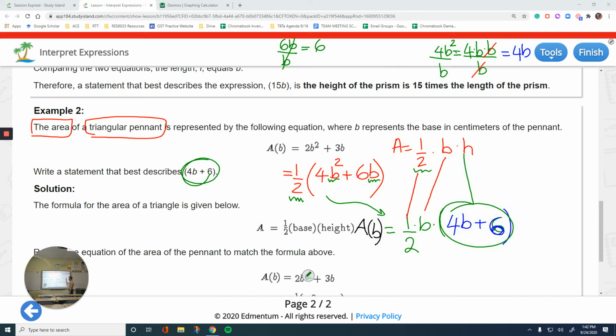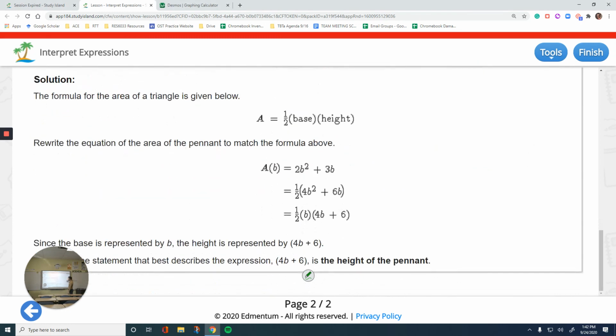So, wrapping up, what we did in this lesson, we tried to make sense out of the expressions that are given. It could be a volume expression, it could be an area, or it could be another word problem that we need to figure out what's going on. So, things that you need to pay attention to is how to factor out a number when you have an expression, and then how to make the formulas look alike.